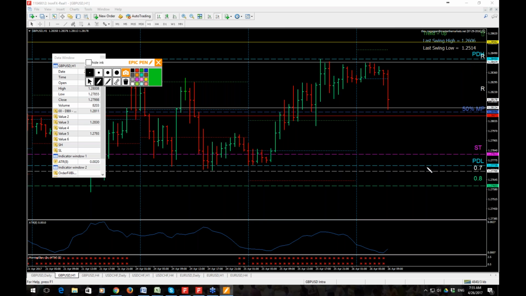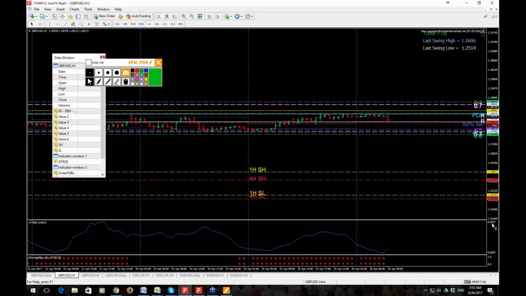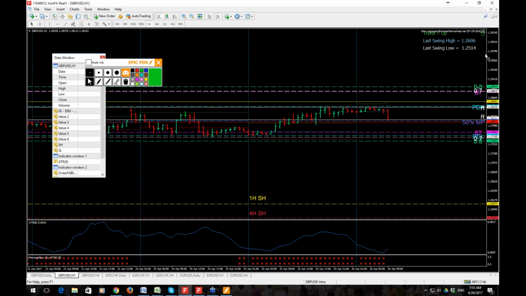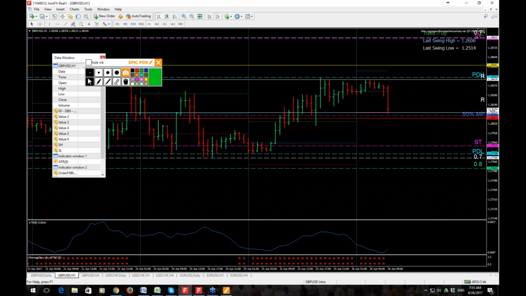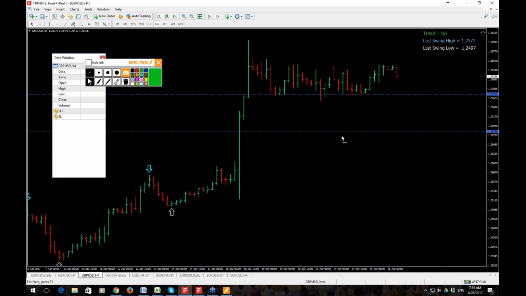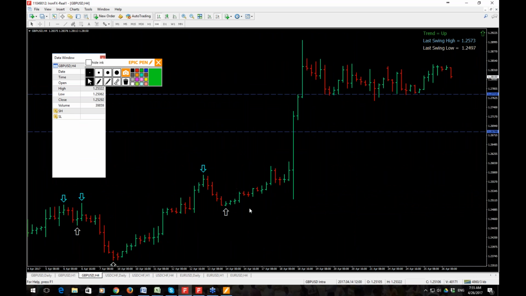Then we got our previous daily low and our previous daily high, and then we got our 0.7 and 0.8 levels. And not only that, I also have my 1 hour and 4 hour swing high levels as well. Okay, and they are much further down below. Even if you look at the 4 hour, you can see all my smart money indicator coming in, measuring the swing high and swing low levels.